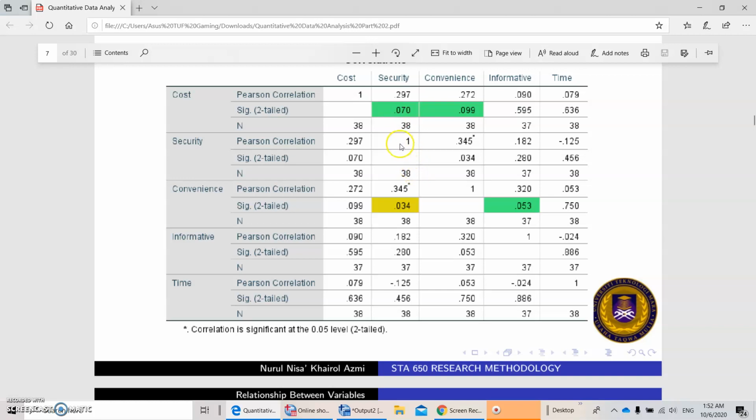While the rest, security and cost, convenience and cost, and convenience and informative, these three pairs of variables are significant but at alpha 0.1. And the rest are not significant.